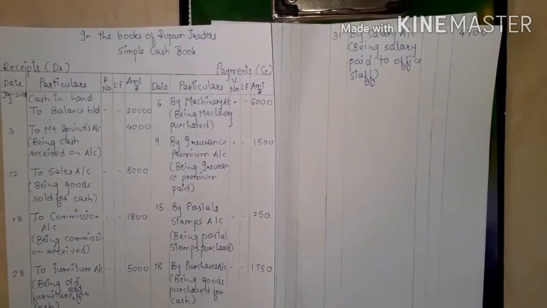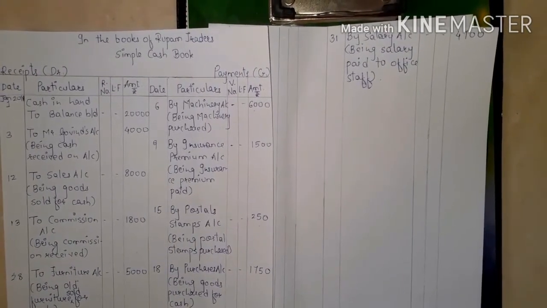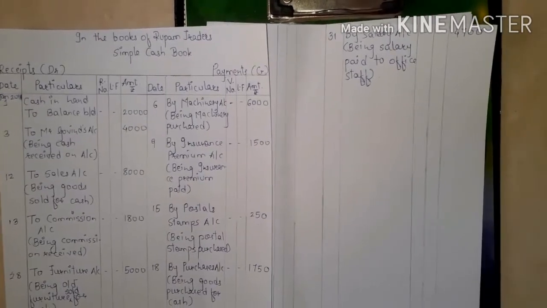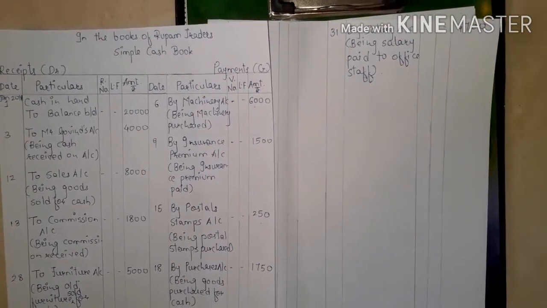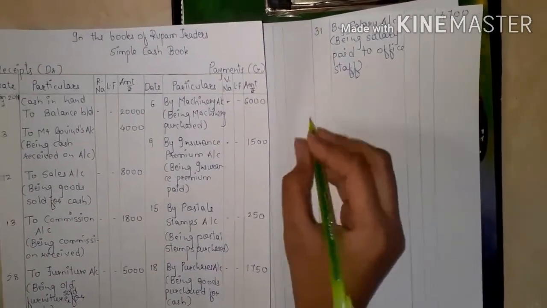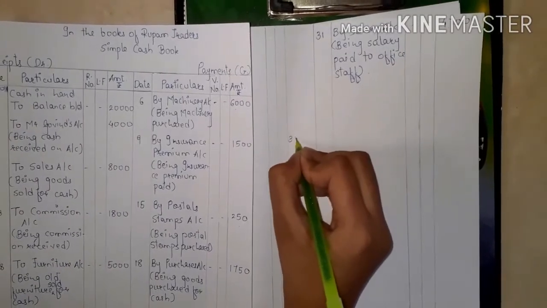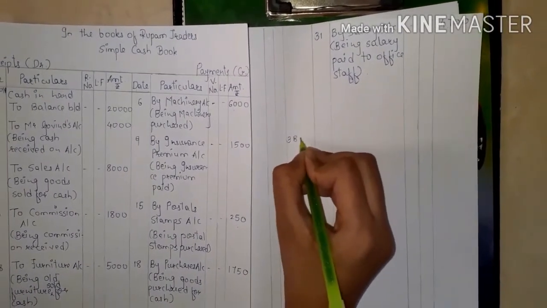So the amount for payments and the receipts we have to calculate. I have already calculated. 38,800 is the actual total. So I will write here 38,800.